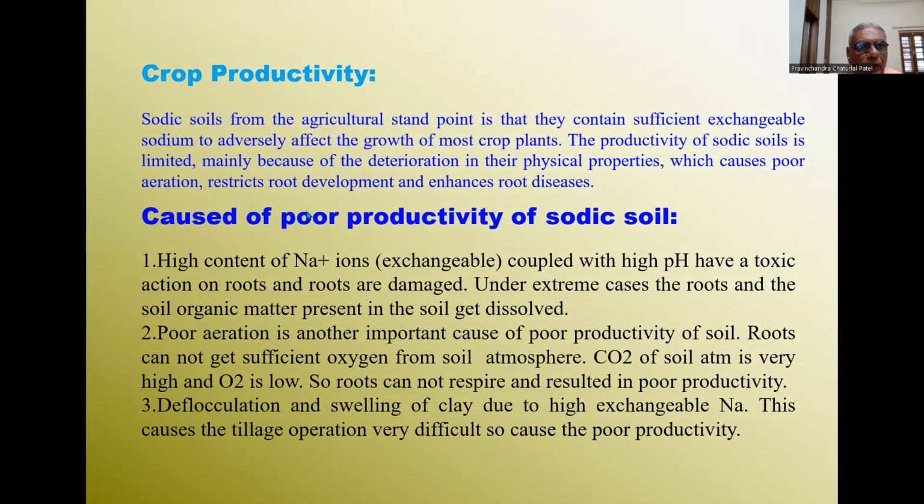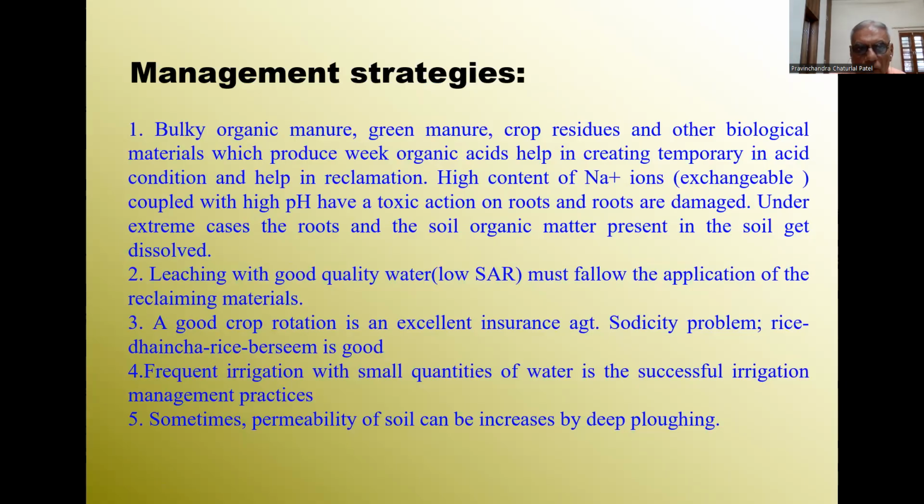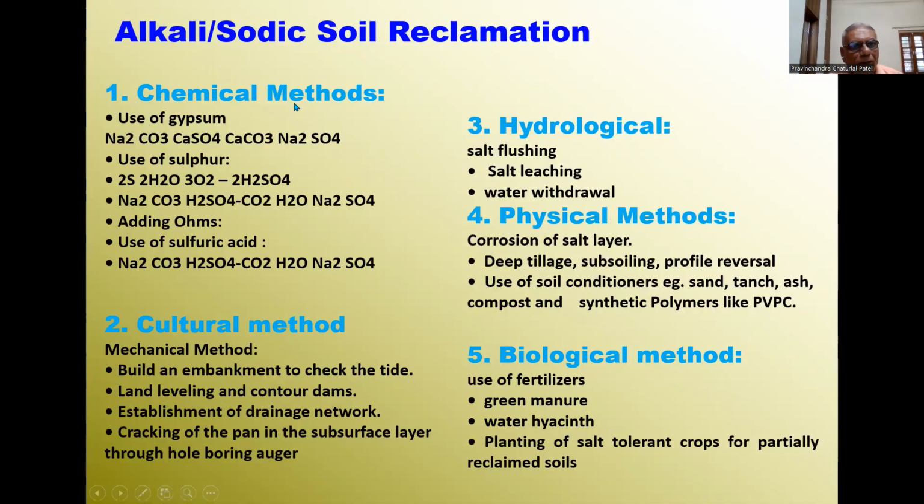How to improve alkaline soil? Chemical methods: use of gypsum, use of sulfur.